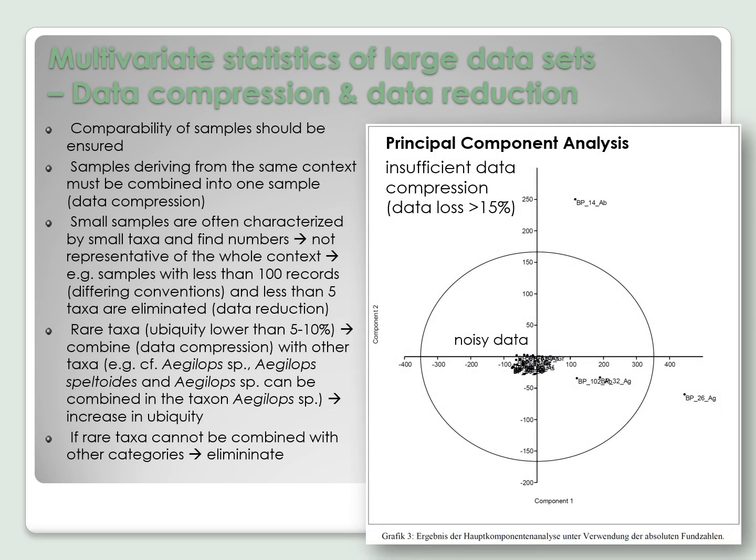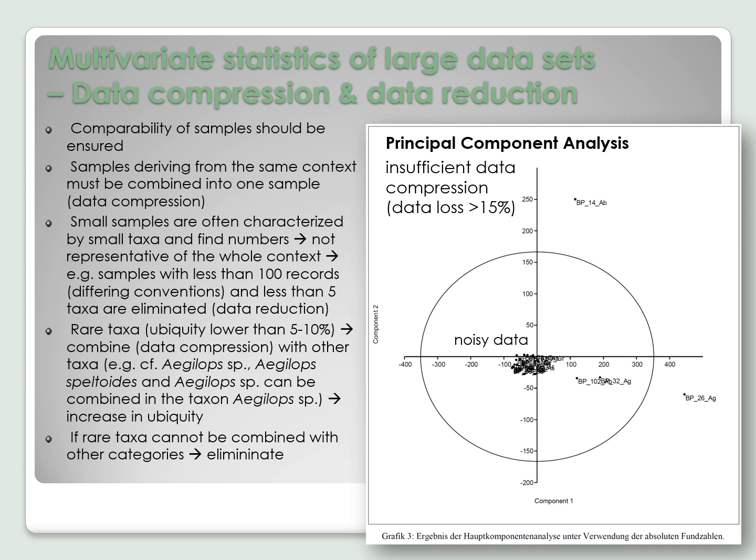For larger datasets, multivariate statistics may be necessary to recognize patterns in the data, for example, to address questions of diachronic or supraregional development of archaeobotanical assemblages. Multivariate describes the principle that in such kind of analysis many variables can be introduced.